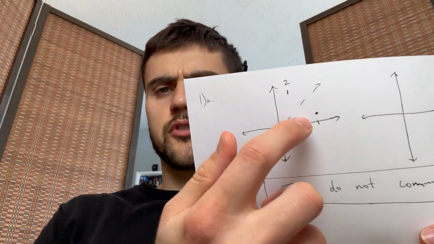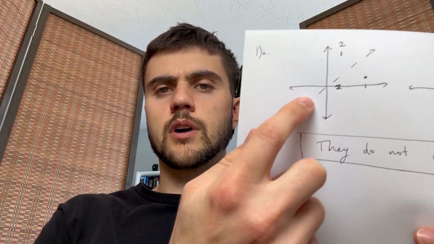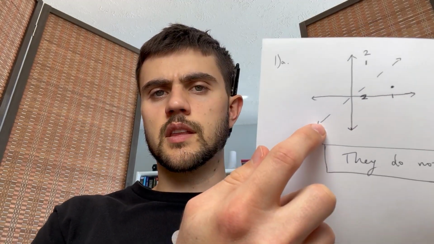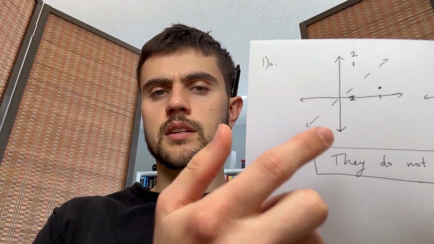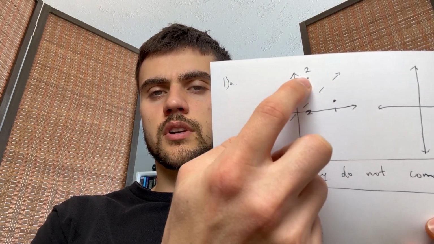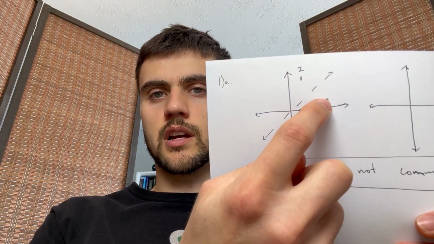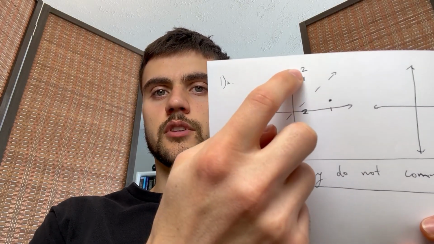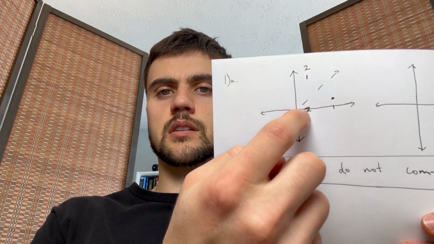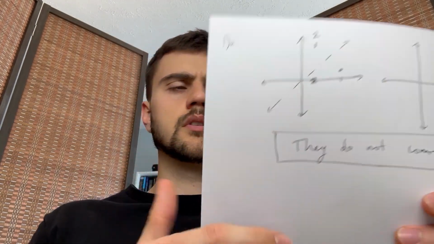The first transformation was reflect about the line y equals x, and then project onto the x-axis. If we do it in the opposite order, project on the x-axis and then flip over, we see that these are the two ending spots, so they do not commute.